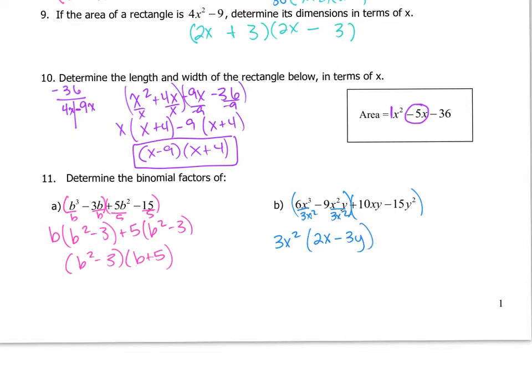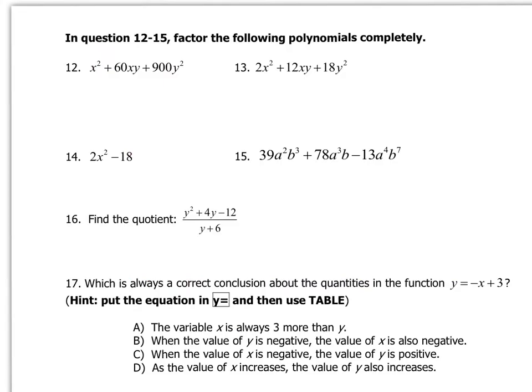The second parentheses, we can take a 5y. And we would be left with a 2x minus 3y. So our factors would be 2x minus 3y times 3x squared plus 5y.